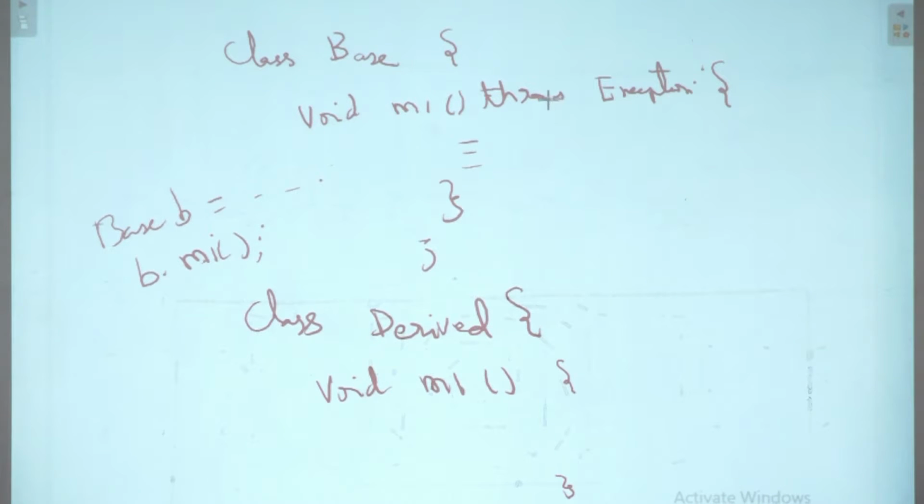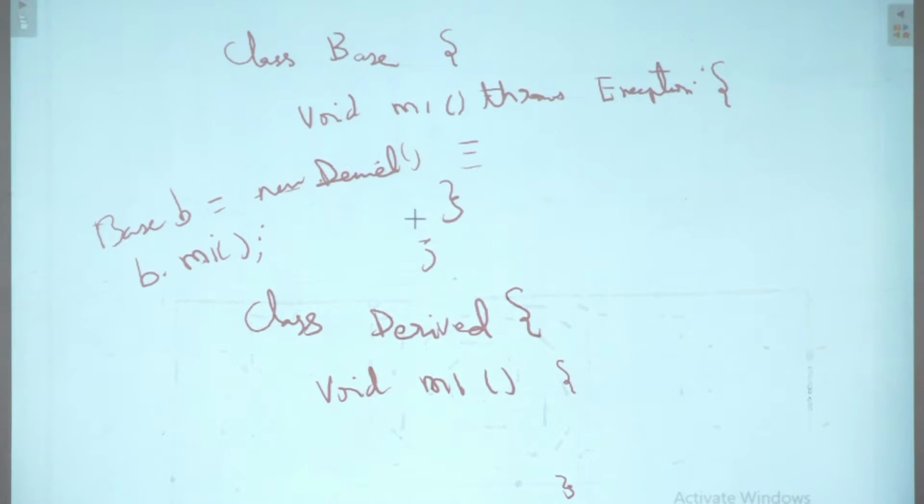Because this is a checked exception which is getting thrown here. This will work. So even if B points to new Derived, no damage done, because this is anticipating an exception, it doesn't come because the derived class method doesn't throw an exception, which is okay. I am over cautious.